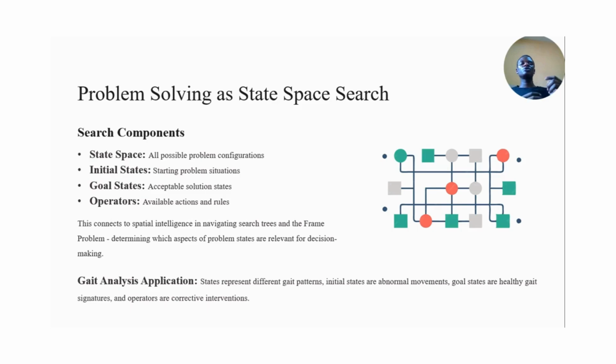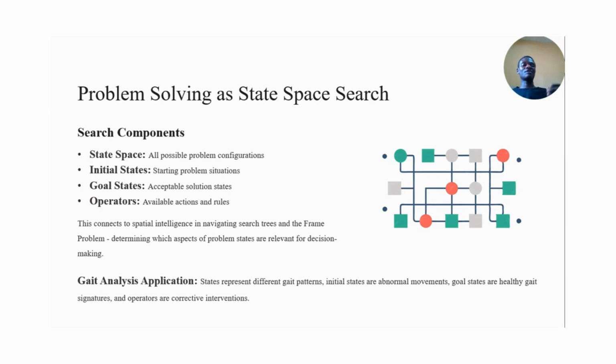So to start doing that, you should have a starting point, and a determination to reach the goal. The starting point is the initial state, the goal state, and operators are the actions and rules that guide you as you transition from one state to another.